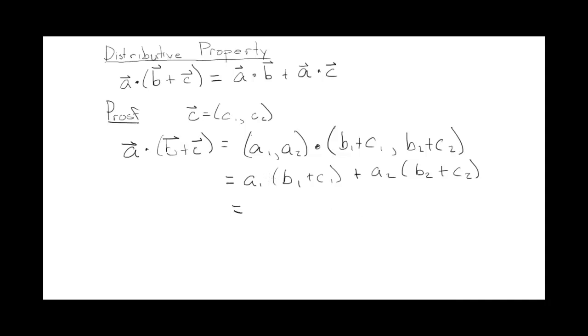So now you'd have to do regular distribution, and regular multiplication follows the distributive property. So that'd be A1 times B1 plus A1 times C1 plus, now distribute here.